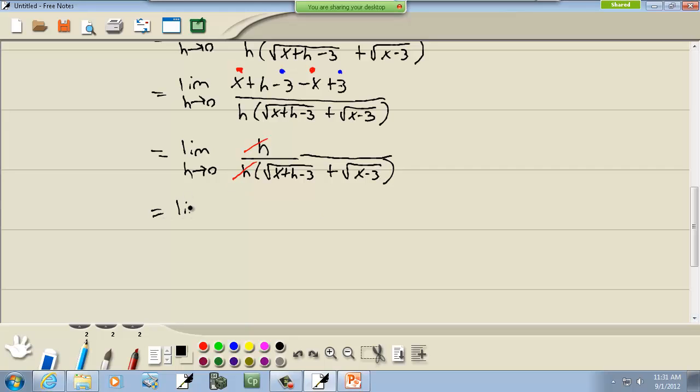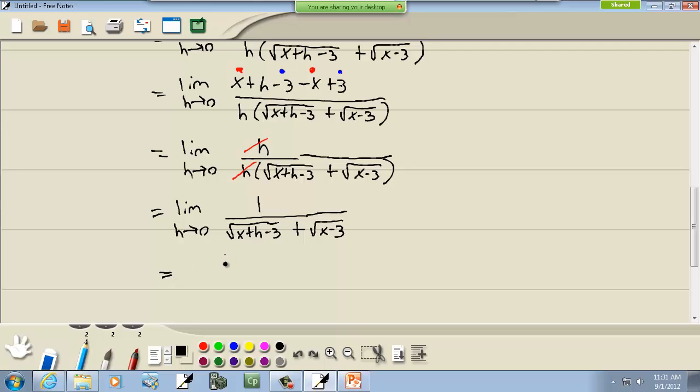So we're left with the limit as h goes to 0 of 1 over square root of x plus h minus 3 plus square root of x minus 3. Now the problem was that h, and that h just canceled. So now we can just plug it in, do direct substitution.